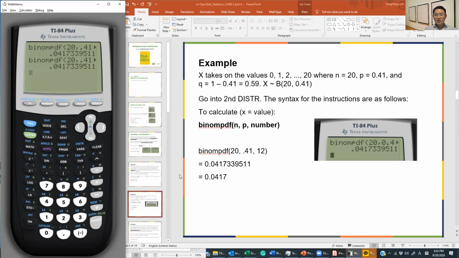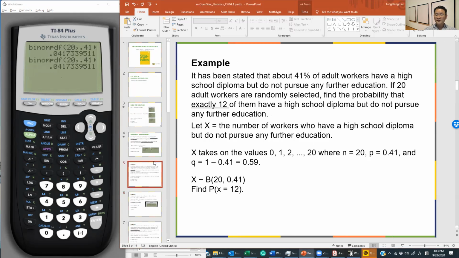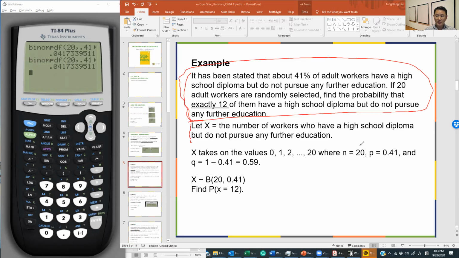So again, if we can recognize this example as a binomial example, and you can figure out these 3 variables, then the actual calculation part is easy.